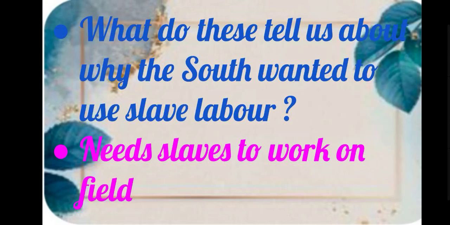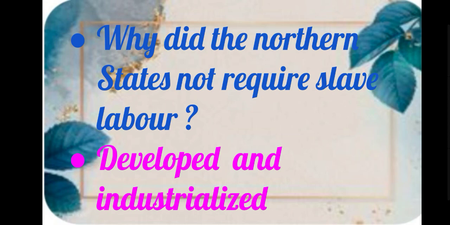What do these tell us about why the south wanted to use slave labor? This tells us that southern states needed slave labor to work on the farms or in the fields.